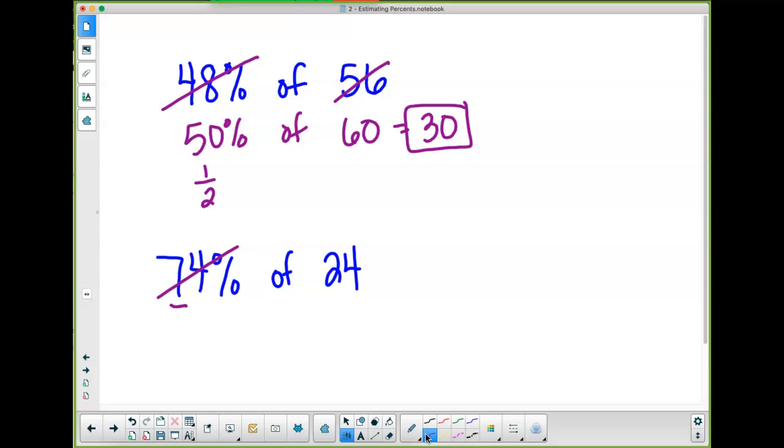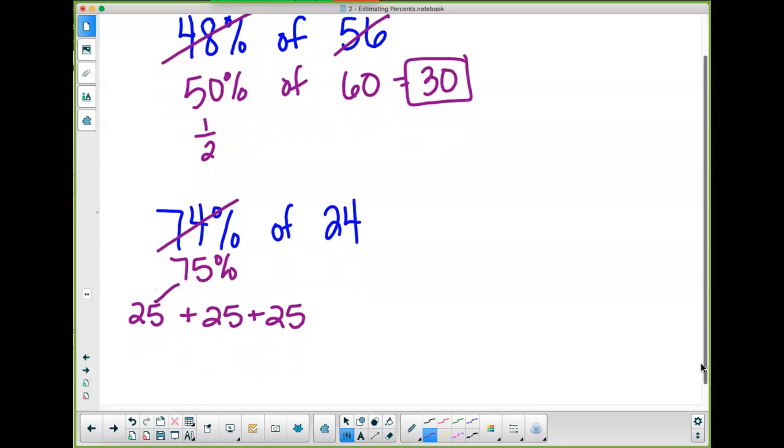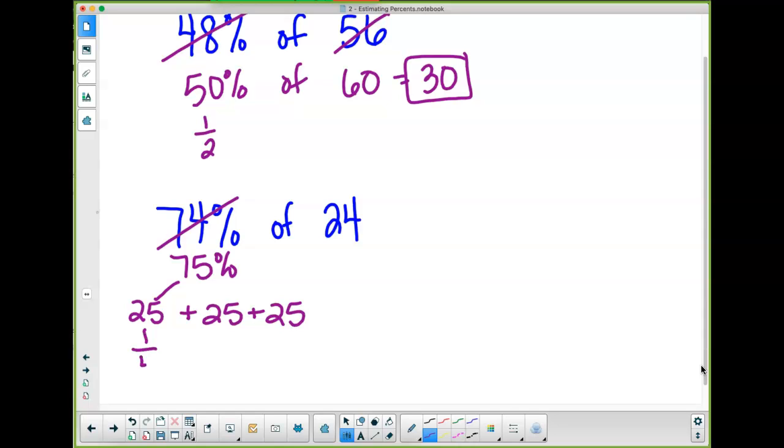So let's make this 75%. Now, something I didn't show you is I can break this up. 75% is really 25 plus 25 plus 25. Everybody agree with that? Okay. 25% is just 1/4. So I need 3 1/4s.